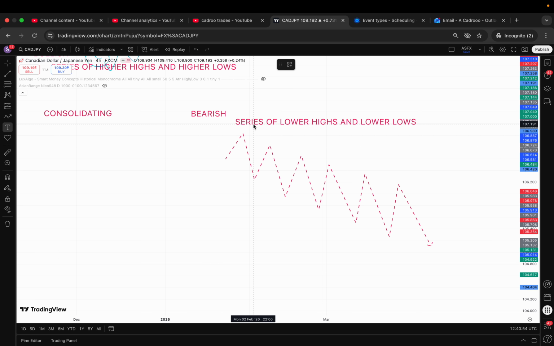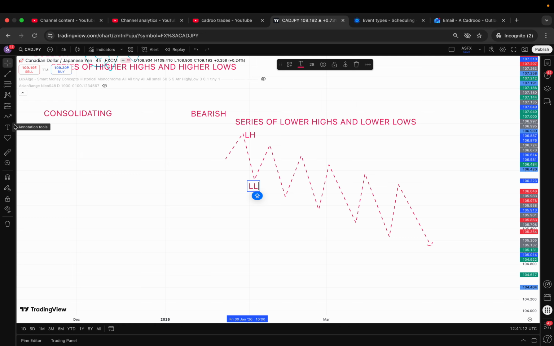So here, just for illustration purposes, I'm going to be using this text. So this is a lower high and this is a what? This is a lower low. As simple as that, guys.